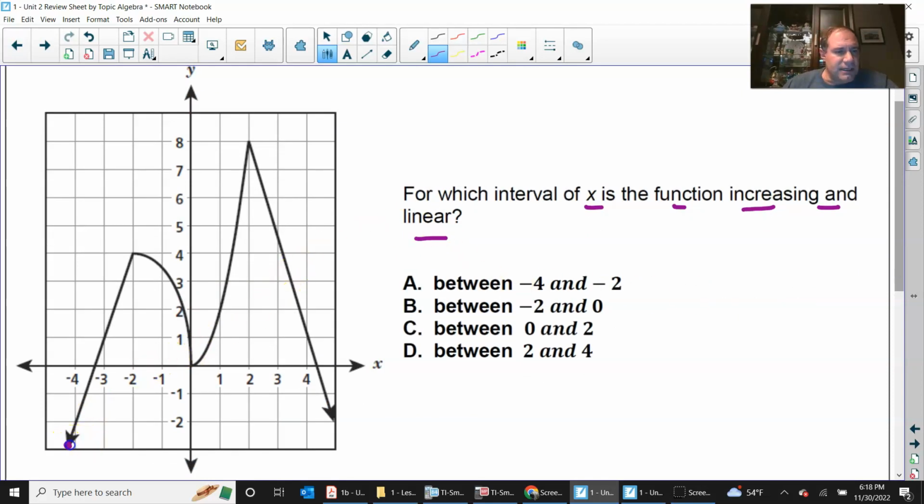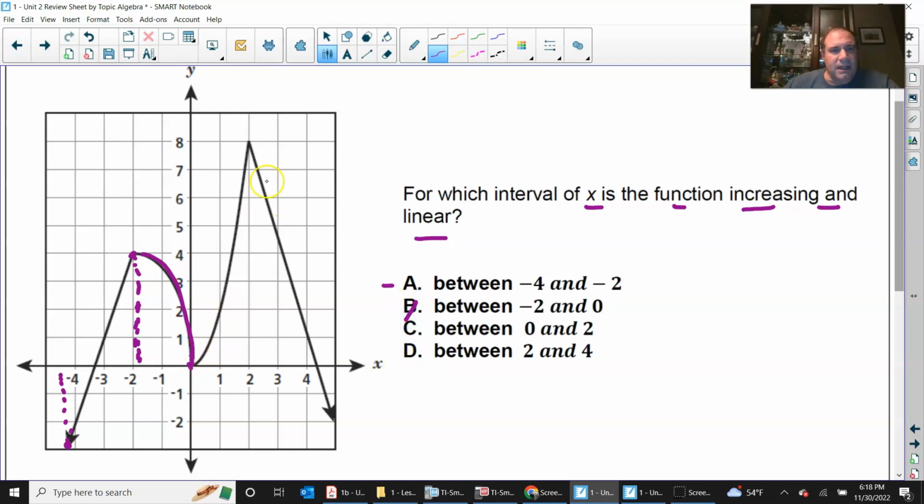So this is increasing and linear right here, from around -4 to -2. Okay, let's see. So maybe -2 to 0 is here, right? -2 to 0, that is nonlinear. It goes this way. So that's out.